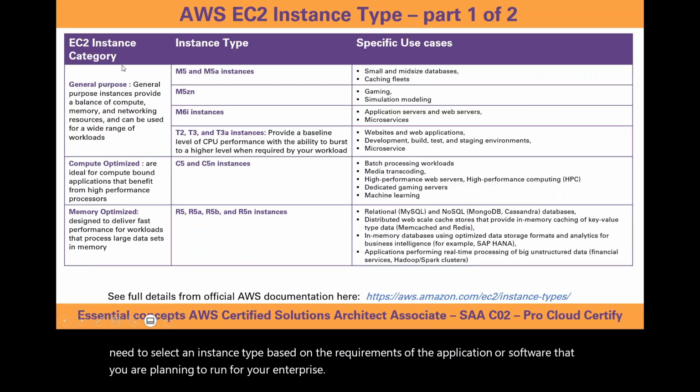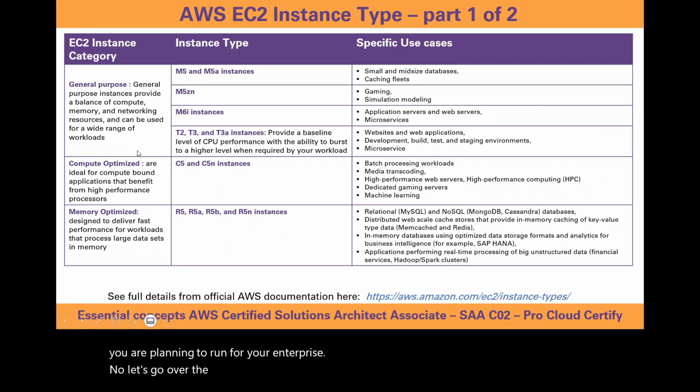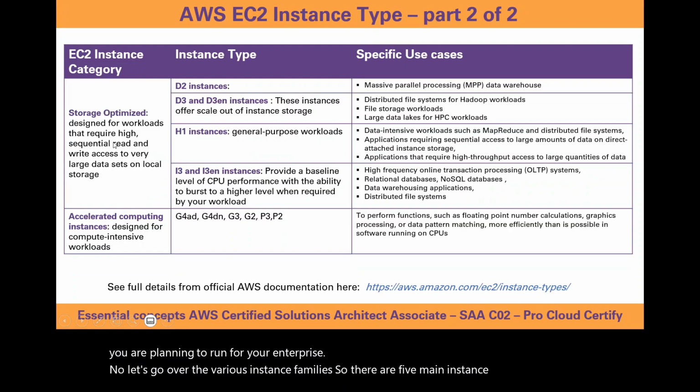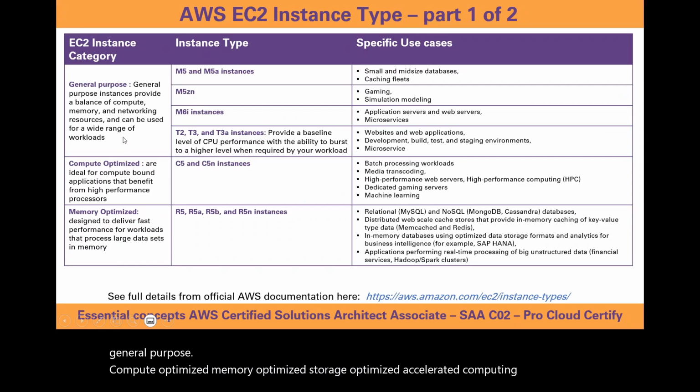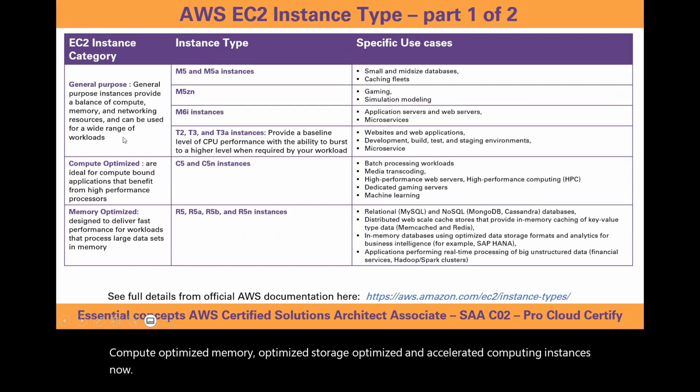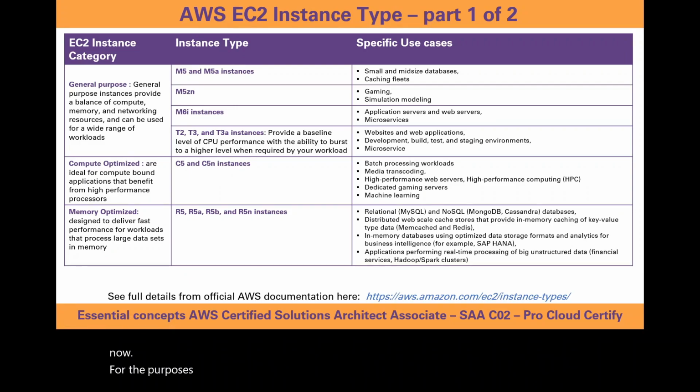Now let's go over the various instance families. There are 5 main instance families: general purpose, compute optimized, memory optimized, storage optimized, and accelerated computing instances. For the purposes of the exam, it is not so critical that you remember each and every instance type family alphabet.